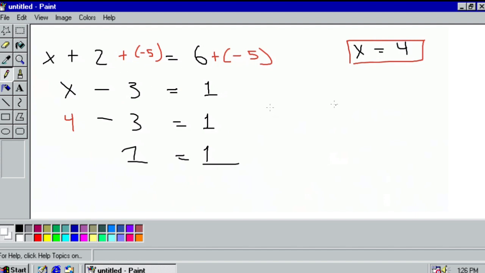So x plus 2 is equal to 6, and x minus 3 is equal to 1 is an example of equivalent equations, or the new equation and the original equation are equivalent equations. This is the old equation and this is the new equation since we added negative 5 on both sides.